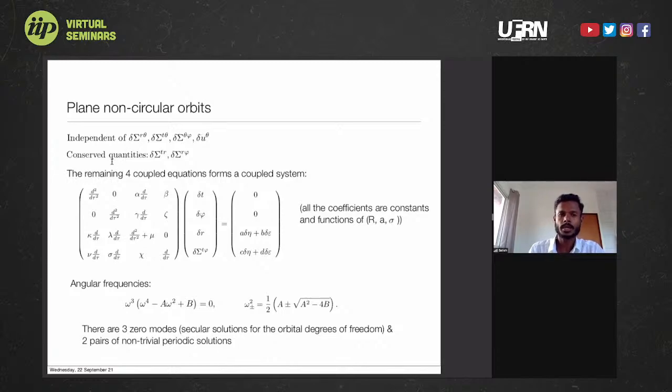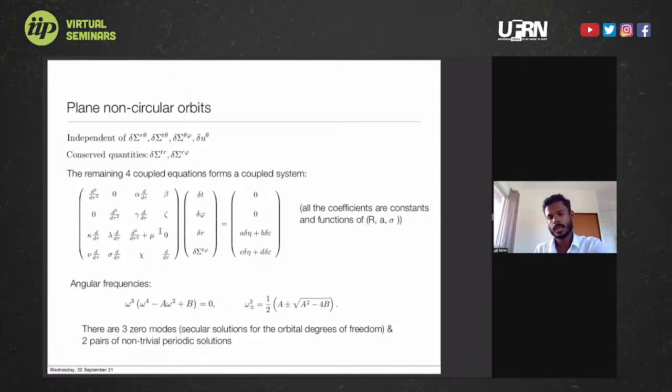And fortunately, in the Kerr plane, we have two conserved quantities, energy and total angular momentum, which take care of the deviations del sigma tr and del sigma r phi, as I have shown in the conserved quantities. So additionally, we can reduce 2 more equations. Out of 10 equations, we are left with only 4 independent equations, and that forms a coupled system as shown here, which needs to be solved together for obtaining the deviations del t, del phi, del r, del sigma t phi.